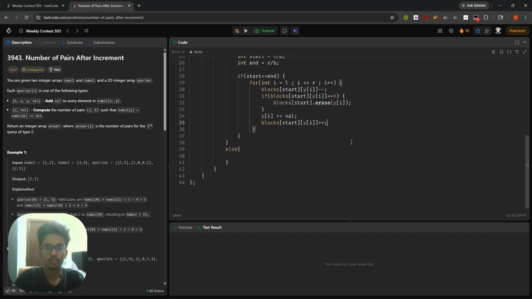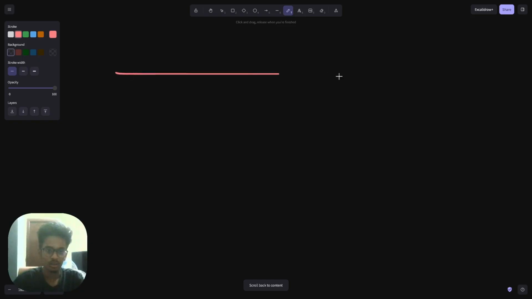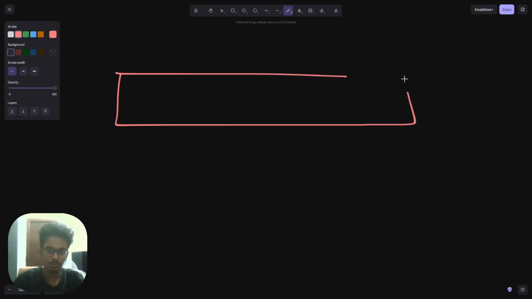Fine. Or otherwise, if they don't belong to the same block, they belong to some different blocks.